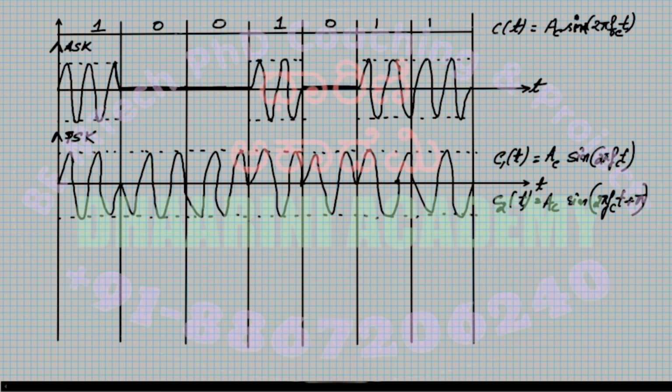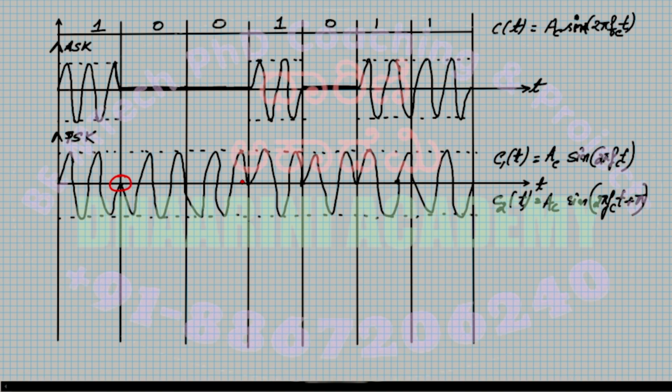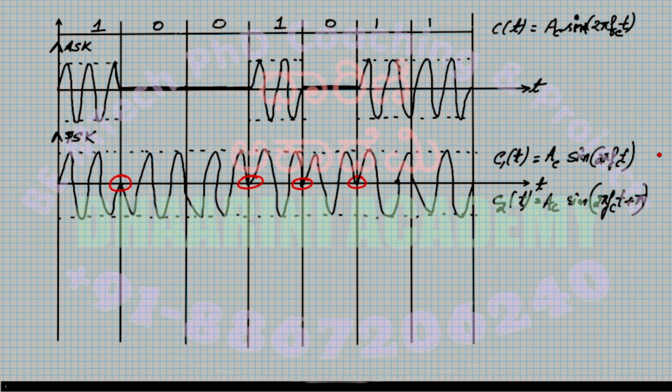So which all points you have change of phase, I'll just highlight. So there is a change of phase once again and once again, right? So at these points, symbols are actually changing. The bits are changing from 1 to 0 or 0 to 1. So you have switching between this and this.